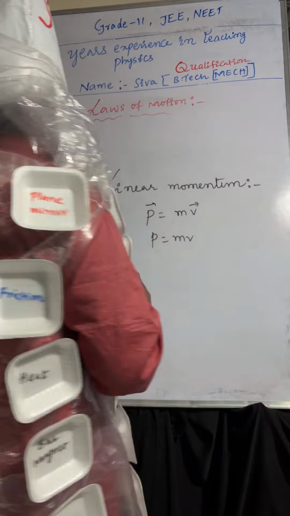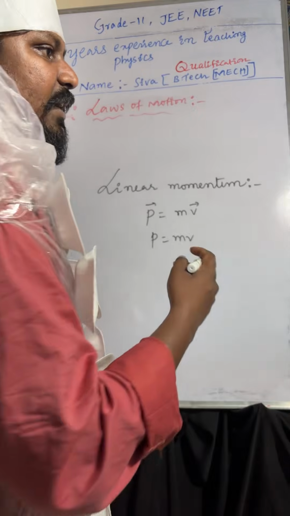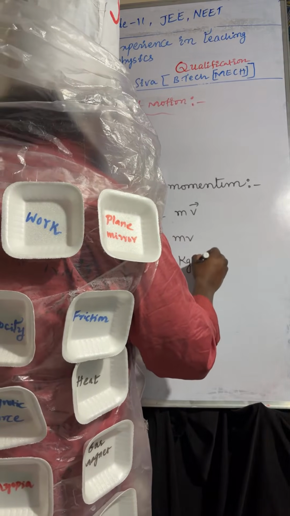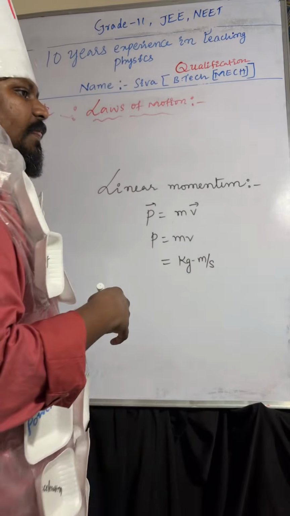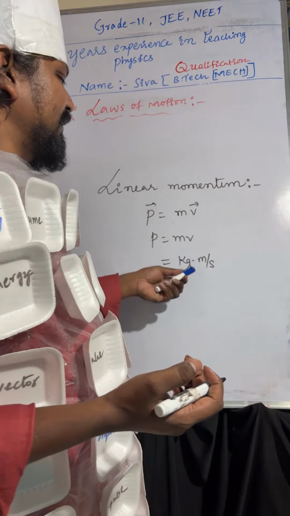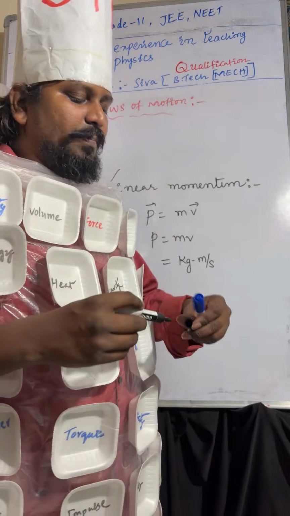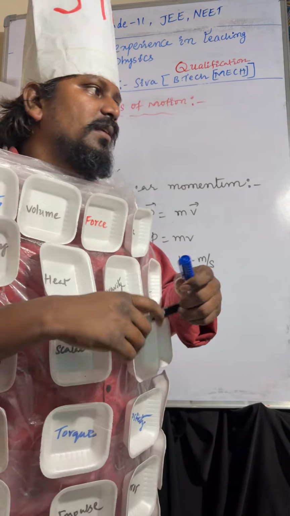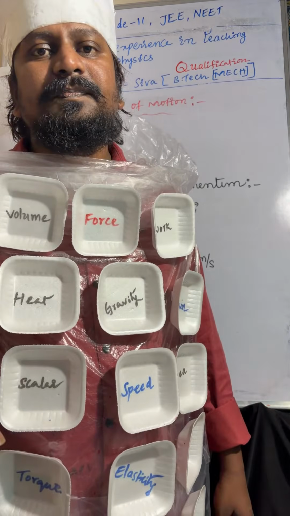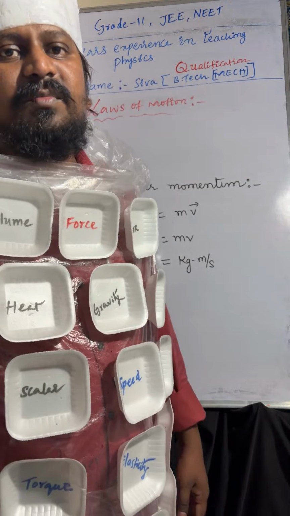The SI unit of mass is kg, and the SI unit of velocity is meter per second. So the unit of momentum is kg meter per second. The product of mass and velocity is called linear momentum.